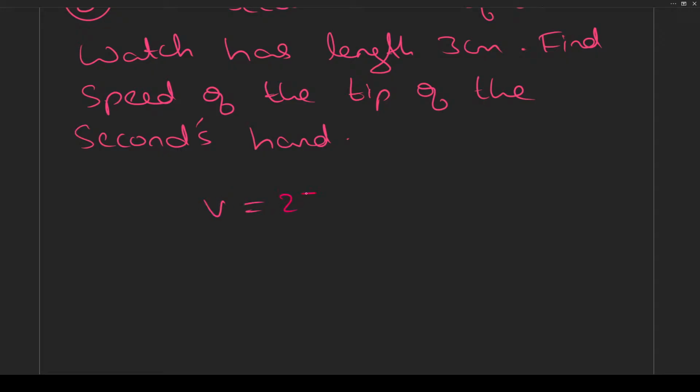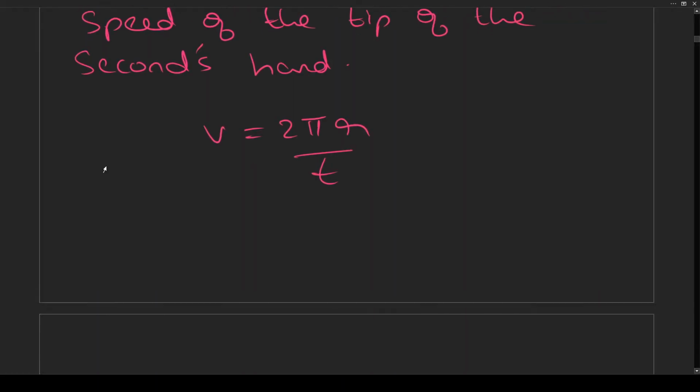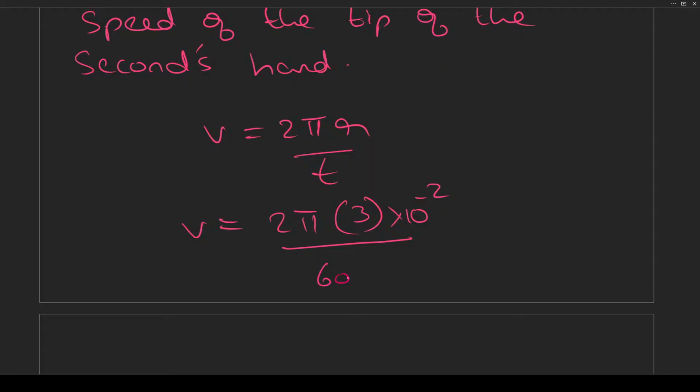Velocity is equal to 2 pi r by t. 2 pi by t is omega, so omega r. Velocity is equal to 2 pi times radius, which is 3 centimeter, or we can convert it into meter by 10 power minus 2, divided by a total of 60 seconds.